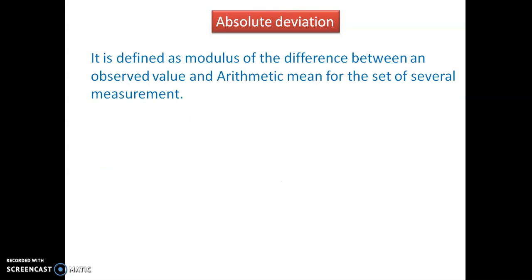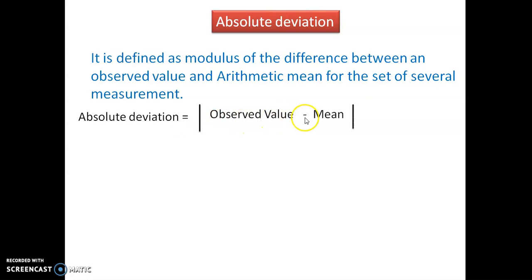There are two types of deviation. Absolute deviation is defined as the modulus of the difference between an observed value and the arithmetic mean for a set of several measurements. Concisely, absolute deviation is equal to the modulus of the observed value minus the mean.